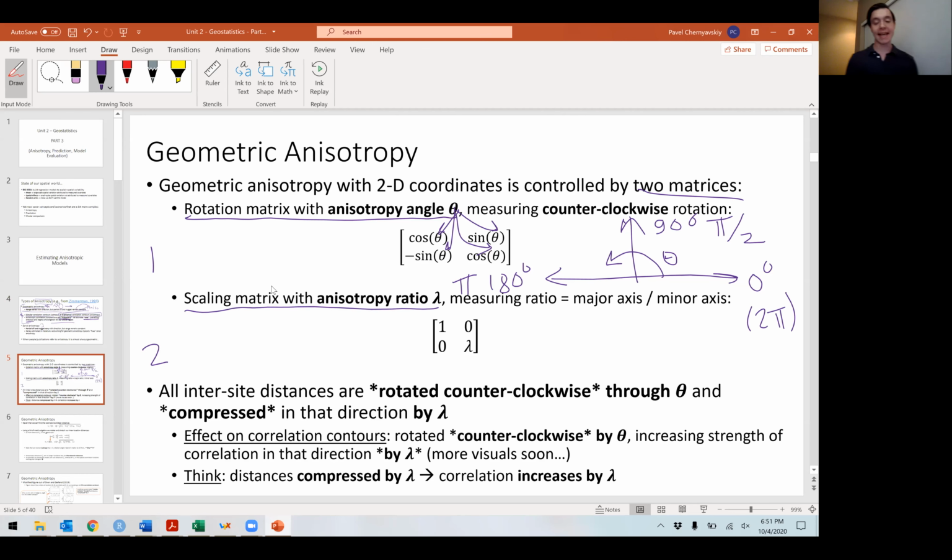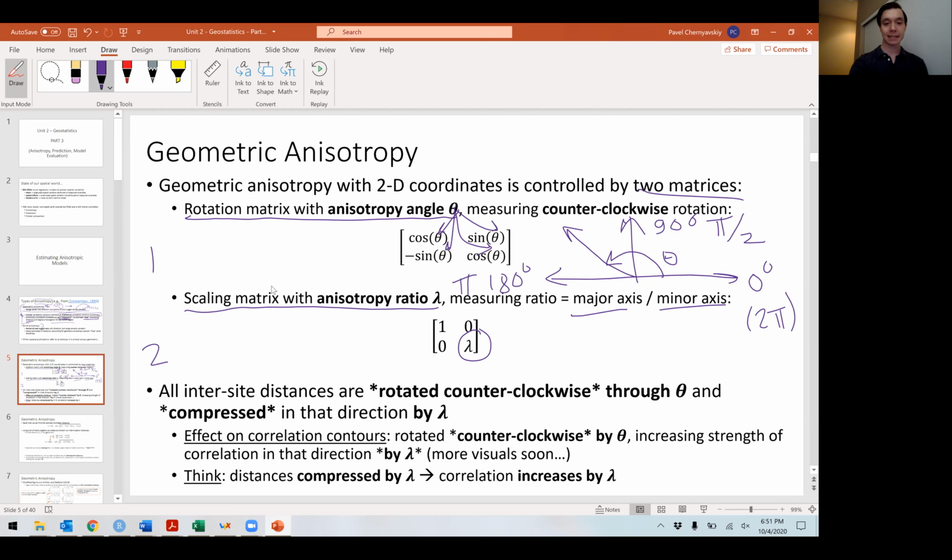All right, we also have what is called a scaling matrix that has the anisotropy ratio in it. And it is measuring how much bigger the major axis of our ellipse is than the minor axis. So if I take this as my angle, which I don't know, around 130 degrees maybe, right? Between 90 and maybe 120 degrees.